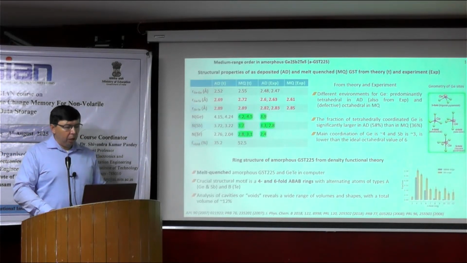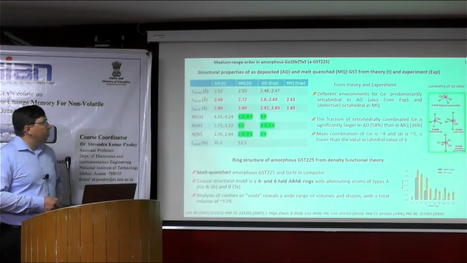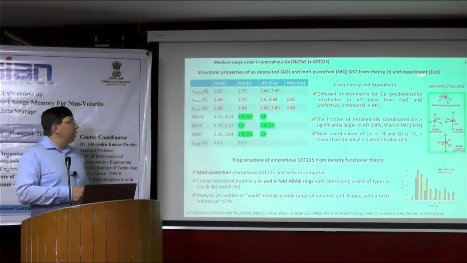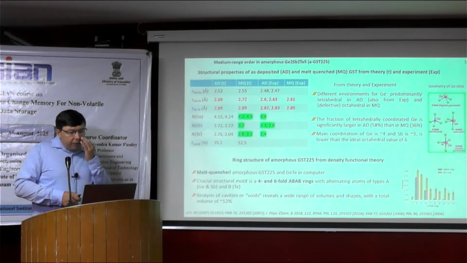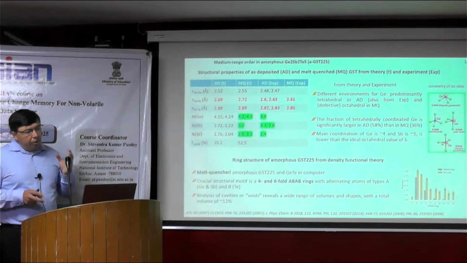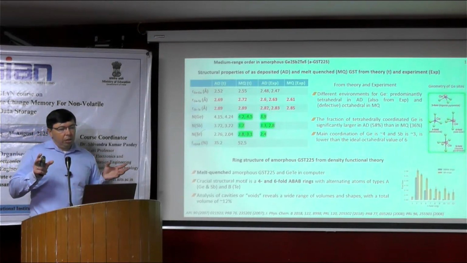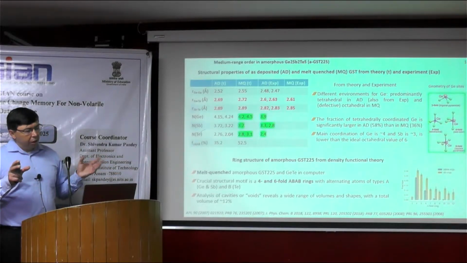So now let's look at the medium range order in amorphous GST225. These are the structural properties of as-deposited and melt-quenched GST from theory and experiment. There are some reports that the as-deposited and melt-quenched structures of amorphous GST are different.